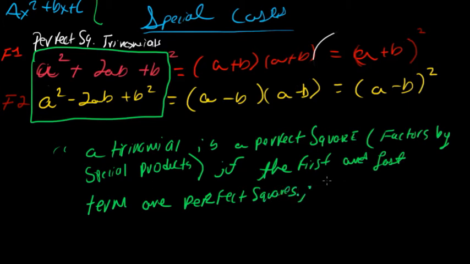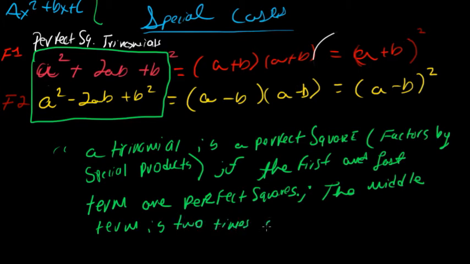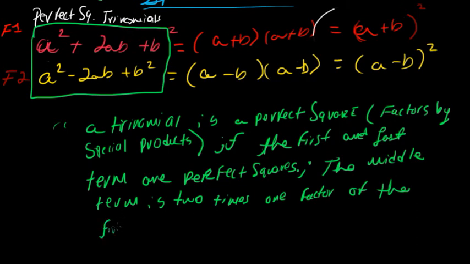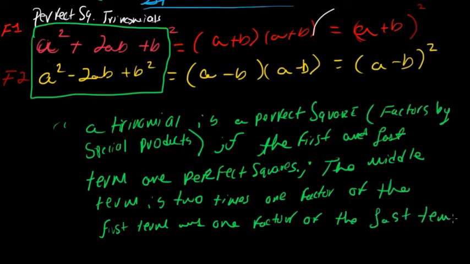Also, the middle term should be 2 times 1 factor of the first term and 1 factor of the last term. Okay?